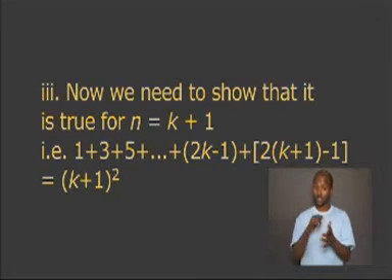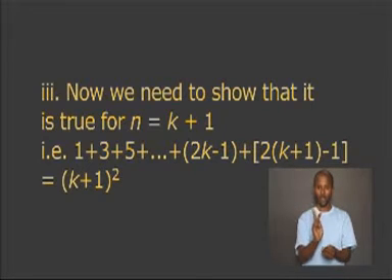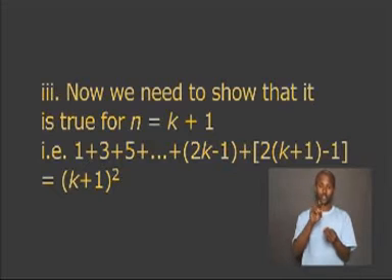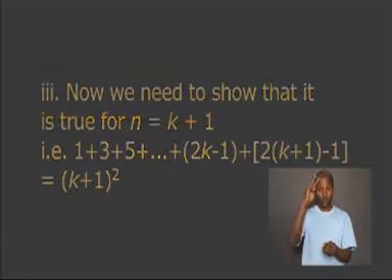That is to say, 1 plus 3 plus 5 and so on plus 2k minus 1 plus 2 times k plus 1 minus 1 equals k plus 1 squared.